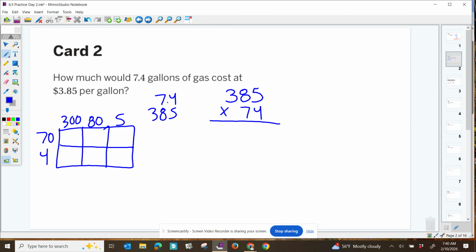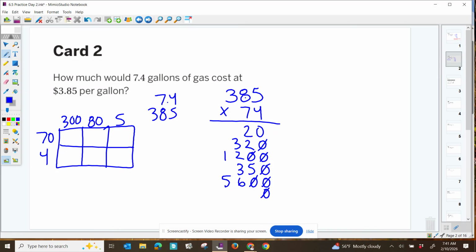So I did 4 times 5 is 20. 4 times 80, I'm going to have a placeholder 0, and then 32. 4 times 300, I'm going to have 2 placeholder zeros, and then a 12. I try to make sure that all my numbers line up. 70 times 5, I'm going to have a placeholder 0, and then 35. Then 2 placeholder zeros, and then 56.